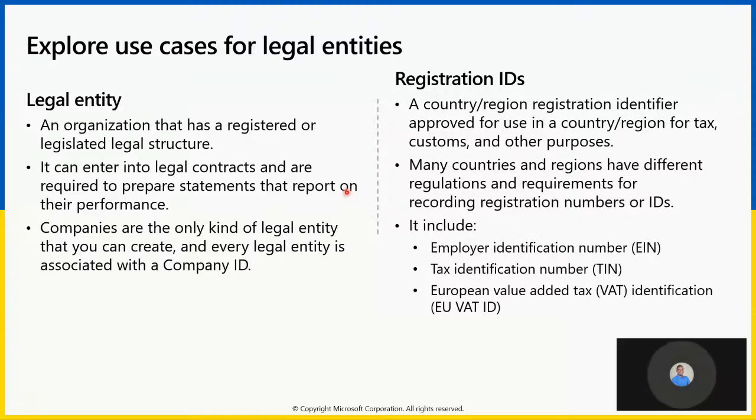So registration IDs have different names based on the country. We call them company registration number. We call them TIN in some places. We call them EIN. It depends on the country and the regulations and requirements for registering a business in that particular country.